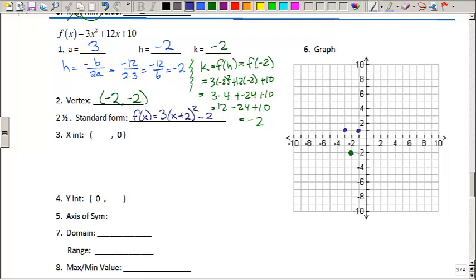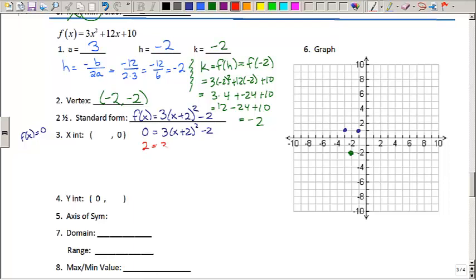This standard form is going to help me when I'm setting f of x equal to 0 or finding the x-intercepts, finding what x equals when y is equal to 0. It's easier to solve from standard form, so I'm going to use the standard form instead of the general form.